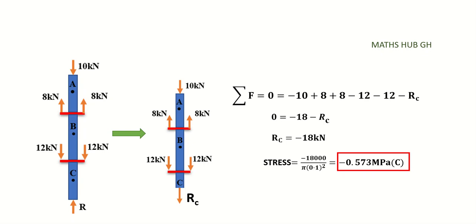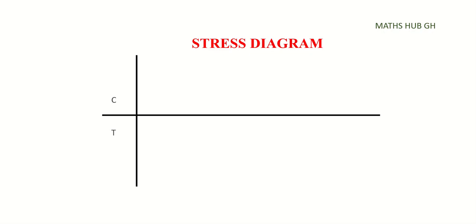Now we are going to draw the stress diagram for the question. I have my axis here. We will consider the top side to be for the compression component, and the down part to be for the tension component. In plotting this, our first plot is 0.6 megapascal.